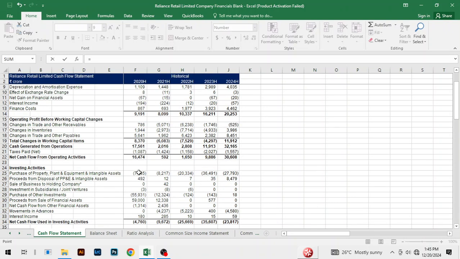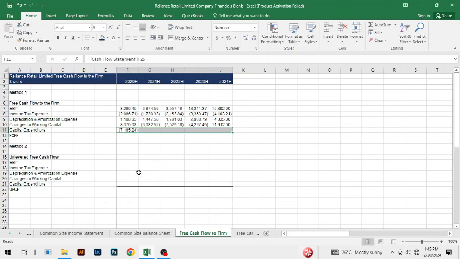So here we have got this, so we just link that through here, perfect. And then we just sum up all these figures here, and then we copy that right through. Okay, so this is free cash flow to the firm, right? So this is a pre-debt cash flow. We haven't paid any debt, we haven't done anything, right?